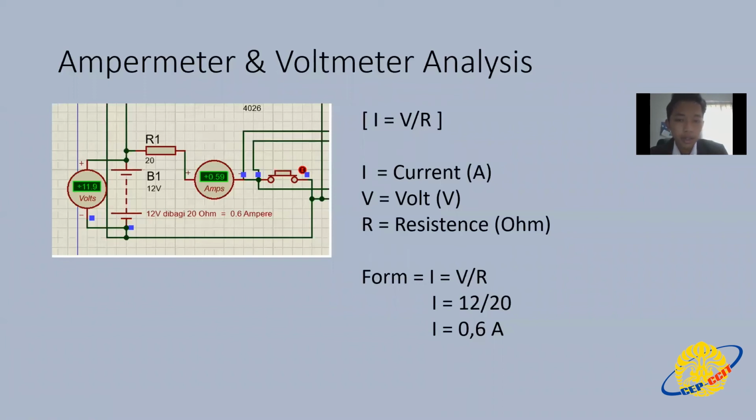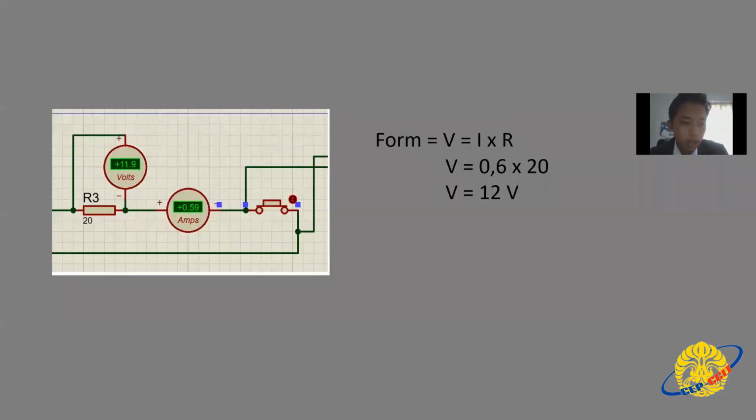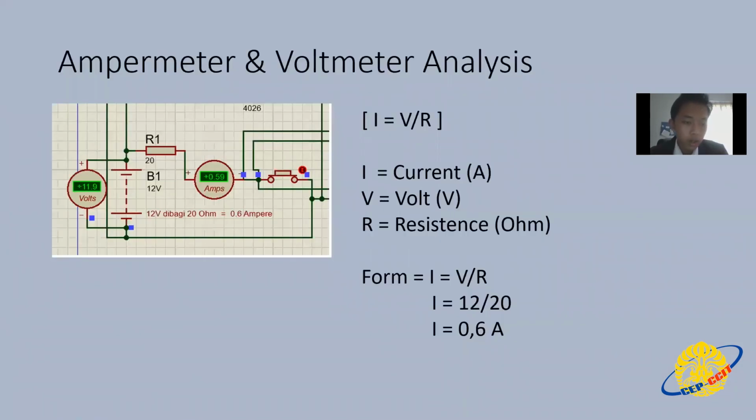R is the resistance from the resistor, which in our case R1 is 20 ohm, and I is current or ampere.